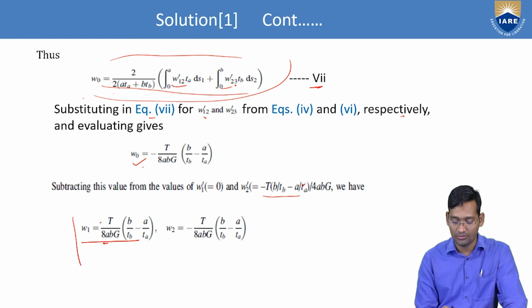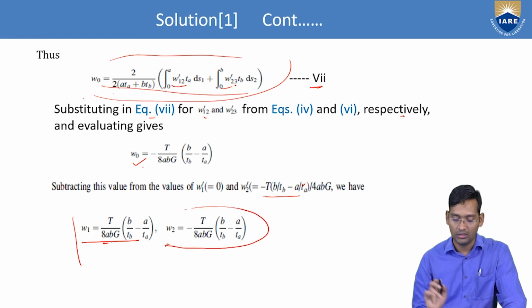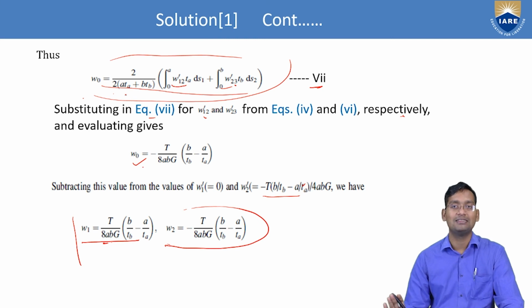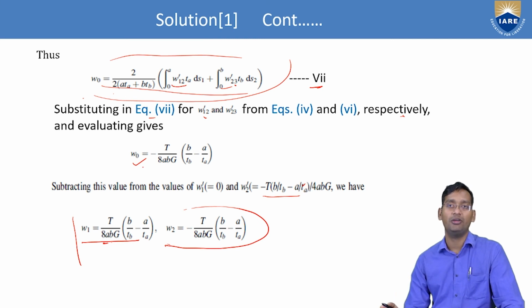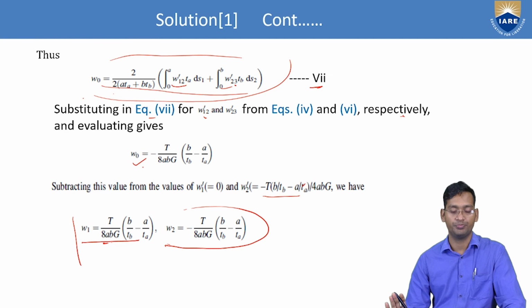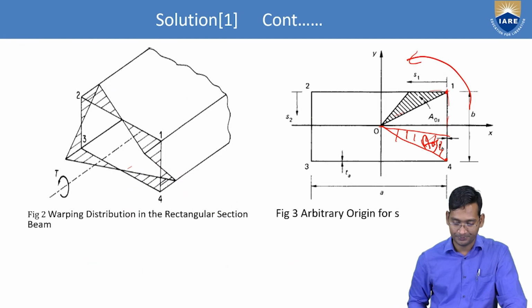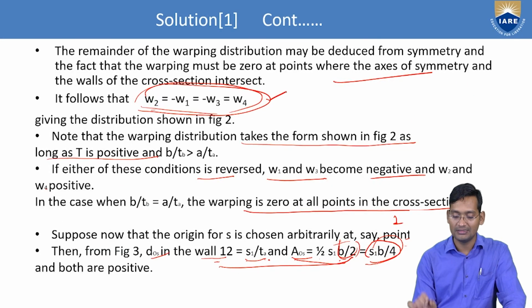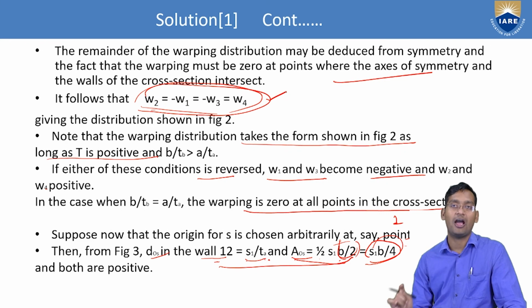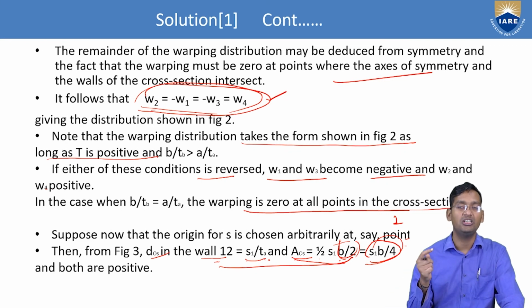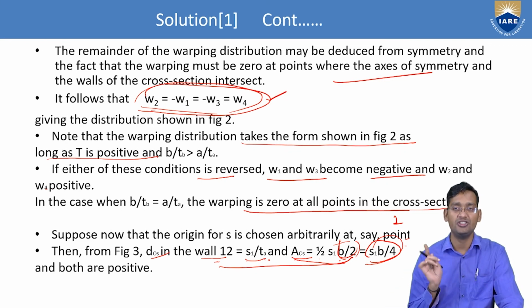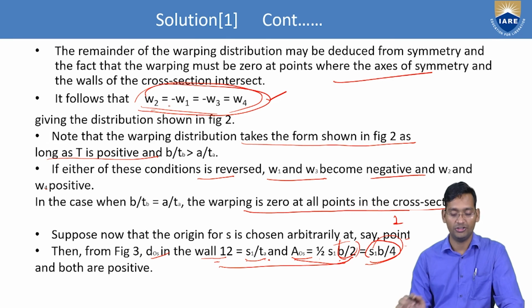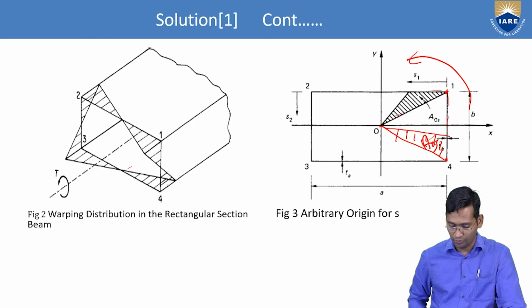So just see, positive, and W2 same thing, negative. So W3, 4 also will be the same. So W3 will be negative, W4 will be positive. Right? So that's why this is valid. Once either T or B by TB changes, then this will also change. That time W2 becomes minus W2 and minus W1 becomes W1.